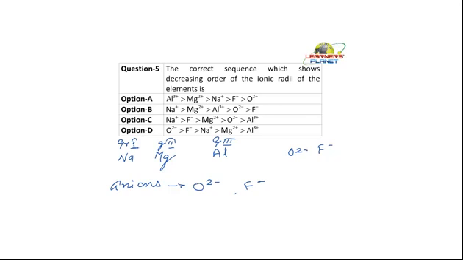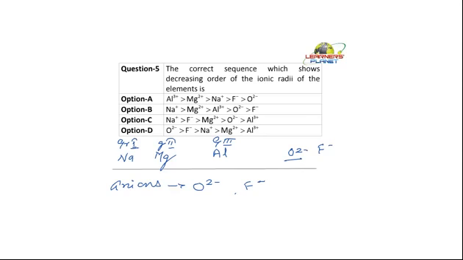Oxygen, because it is present in group 6, and across the period, if I am moving from left to right in the period, what happens? The ionic radii or the atomic radii decrease, right?